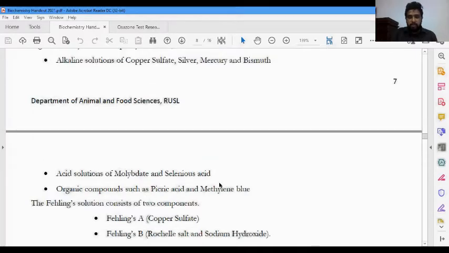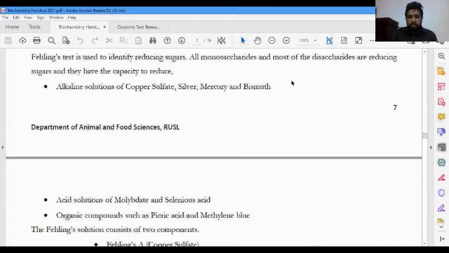So these are mild oxidizing agents. Fehling solution as well as Benedict solution are mild oxidizing agents. That is the principle of this test.